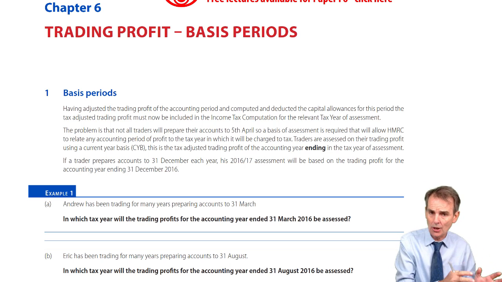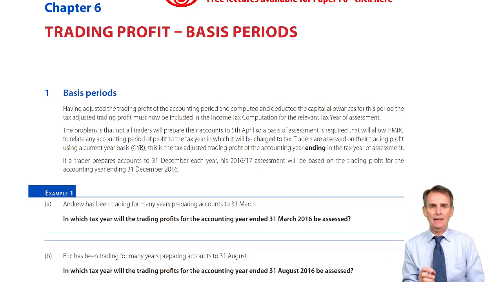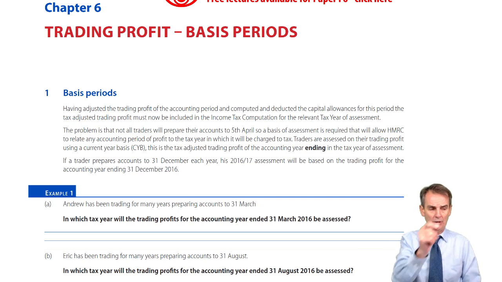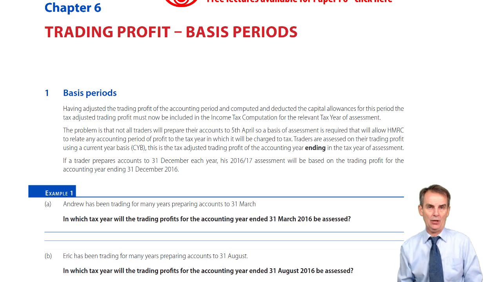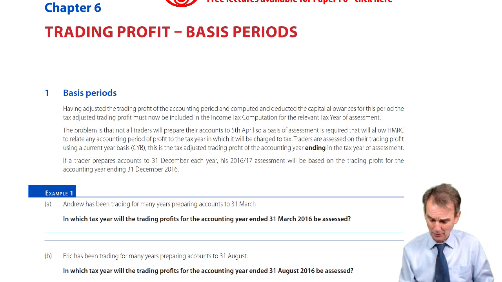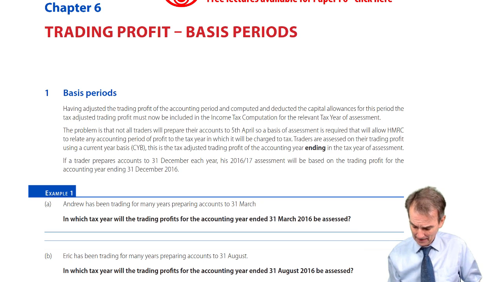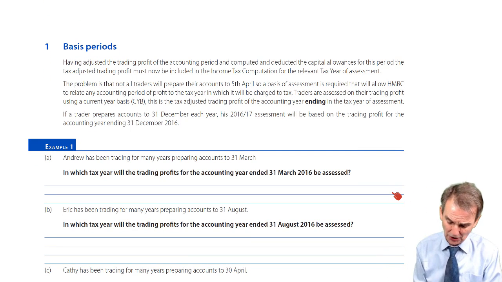So we're not concerned about the profit period, the accounting period. We're concerned with one date, the accounting year end date. And if that accounting year end date falls in our tax year between the 6th of April and 5th of April, then that is the period that will be assessed. We did some examples then, and you'll find here at the introduction to this chapter the statements about how we use CYB, and we have a little example.